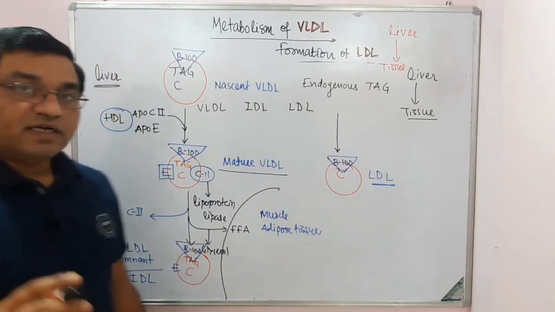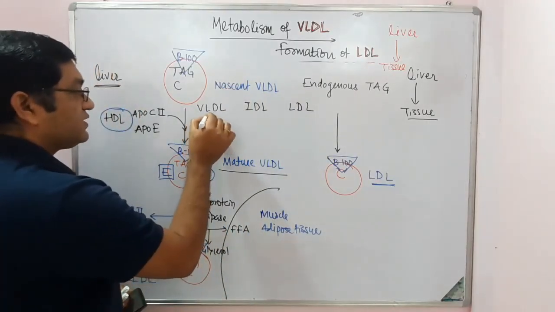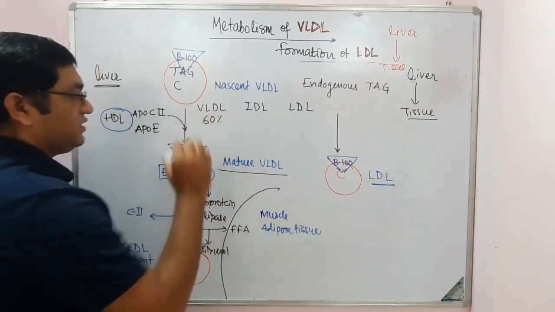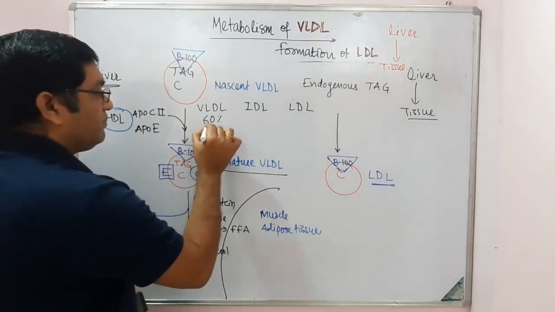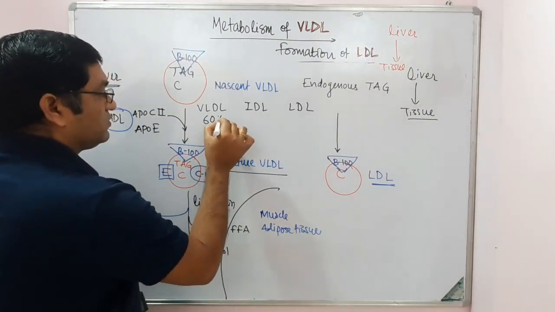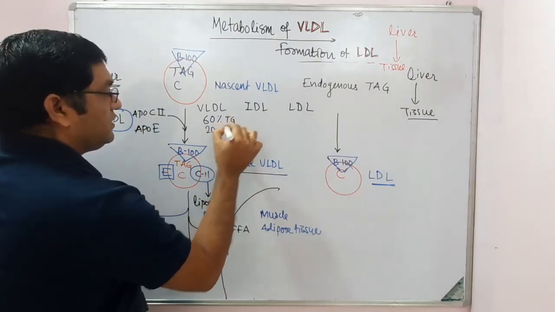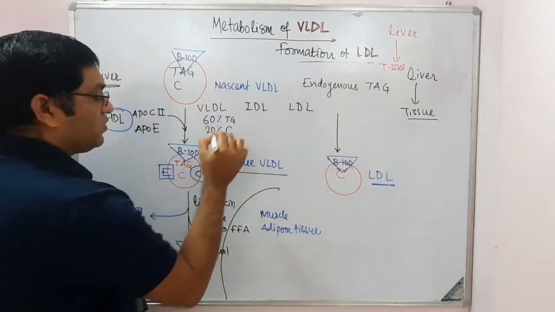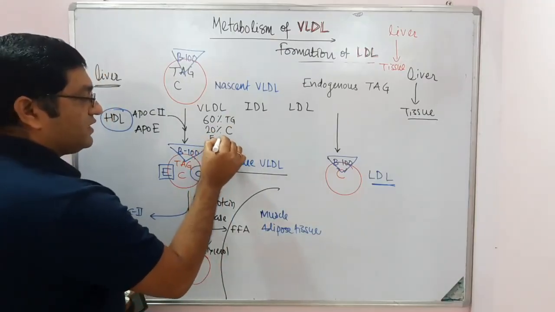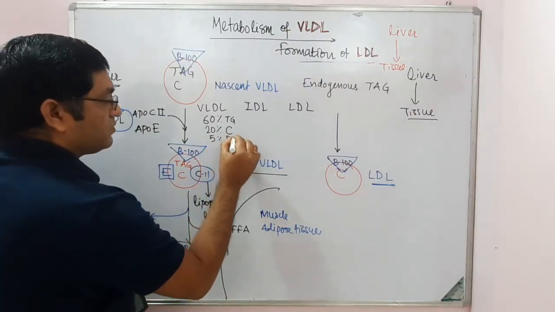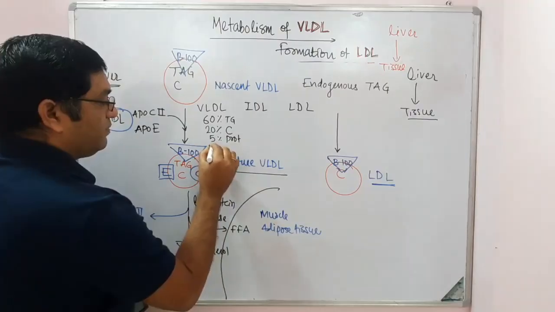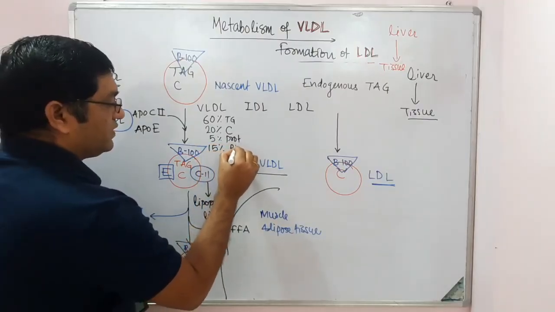VLDL contains about 60% TG, 20% cholesterol, 5% proteins and 15% phospholipids.